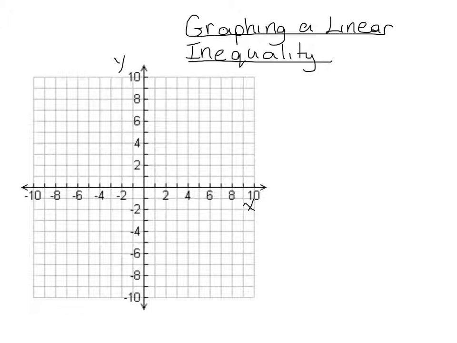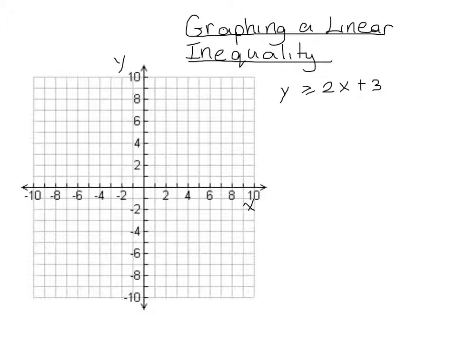So for example, if I have a linear inequality, y is greater than or equal to 2x plus 3, our graph of our linear inequality will show you everything that both x and y can be in this case. Now, in order to graph this inequality, we first have to graph the line that it's associated with, the borderline, where it stops.